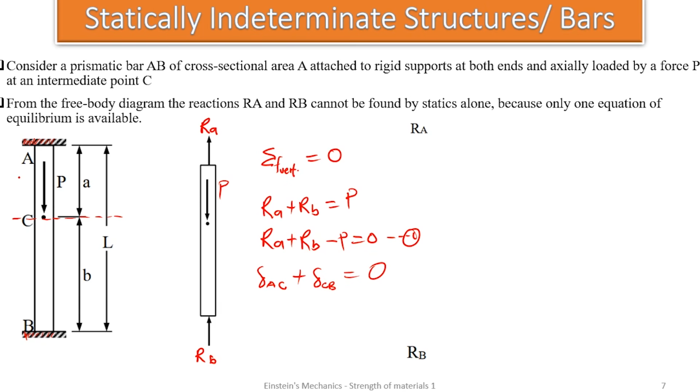Because if it expands by 2 meters in AC, it is going to contract by 2 meters in CB, and 2 minus 2 gives us 0. Meaning at the end, the total elongation from A to B will be 0. We can play with this diagram to get the reactions, and we can get a beautiful equation 2 so that we solve for the two unknowns.